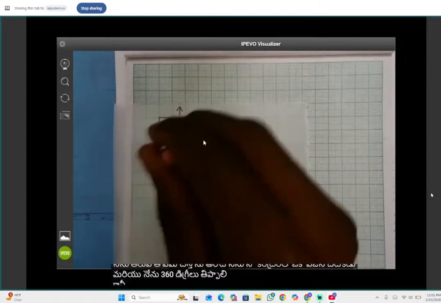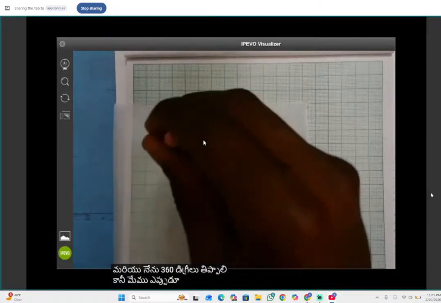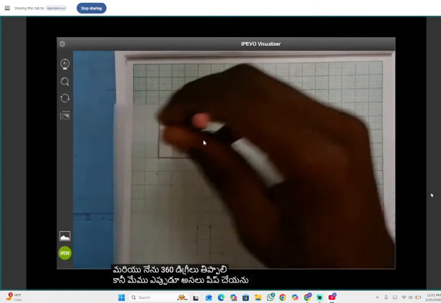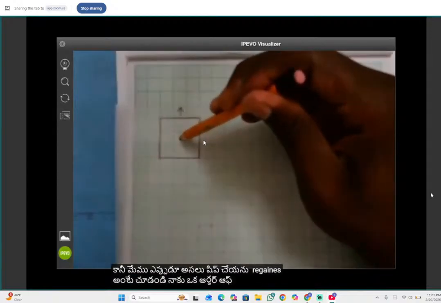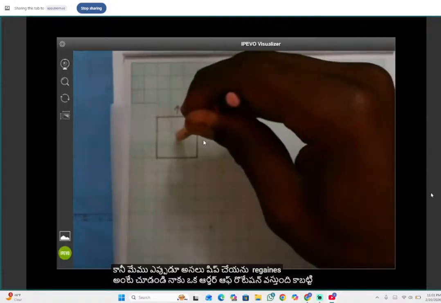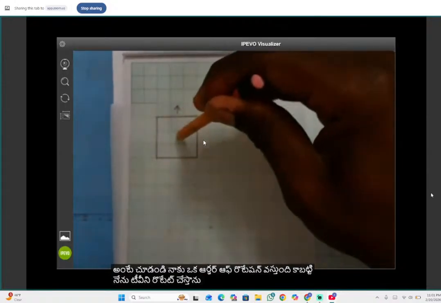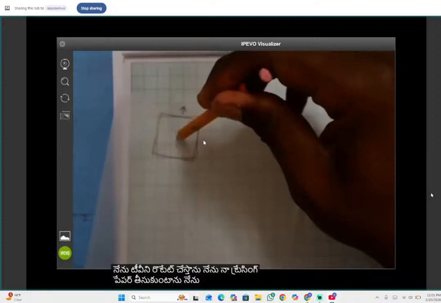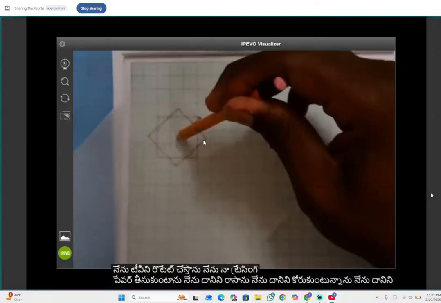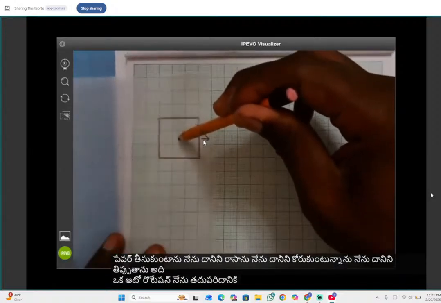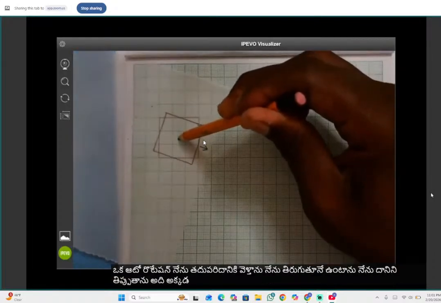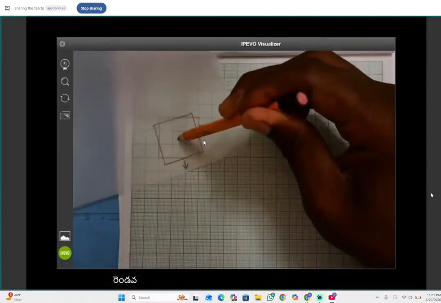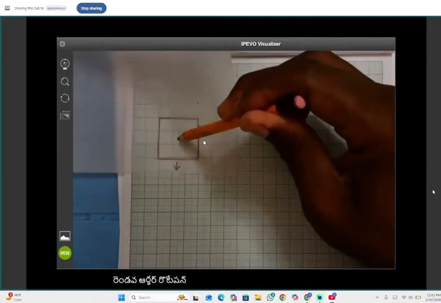360 degrees. But whenever the original shape regains its look, I get one order of rotation. So I start rotating. I rotate my tracing paper. That's one order of rotation. I move to the next. I keep rotating. That's the second order of rotation there.